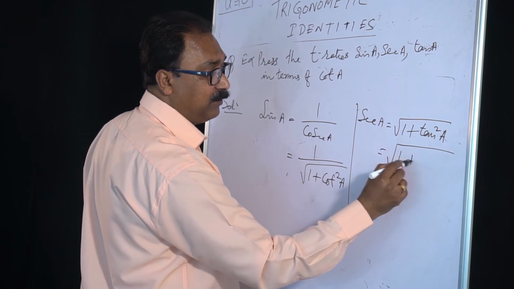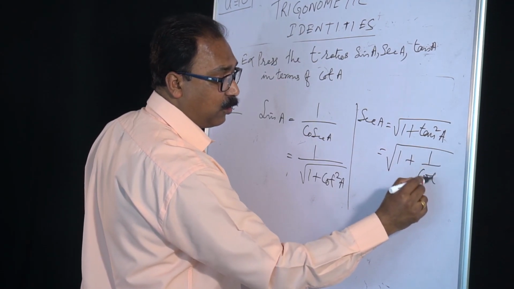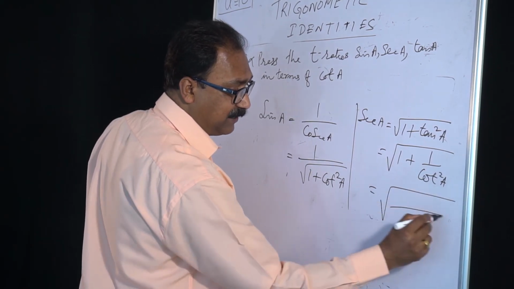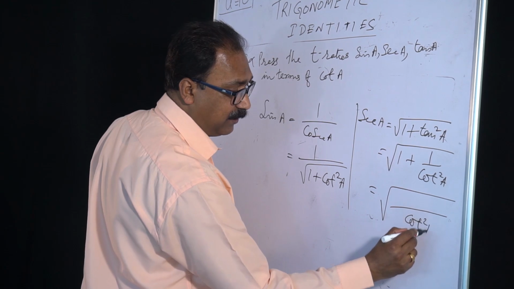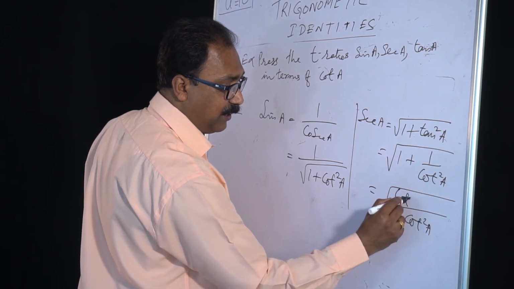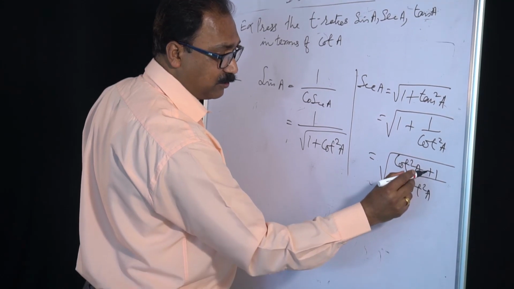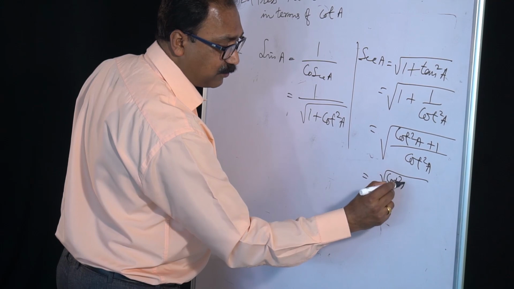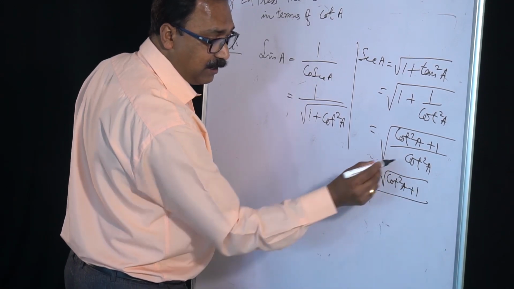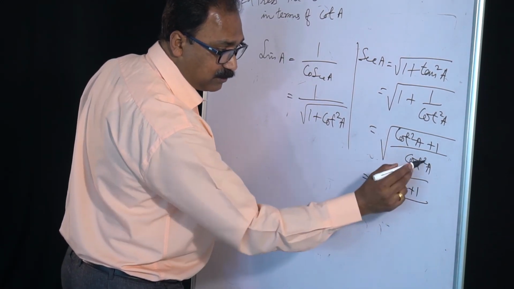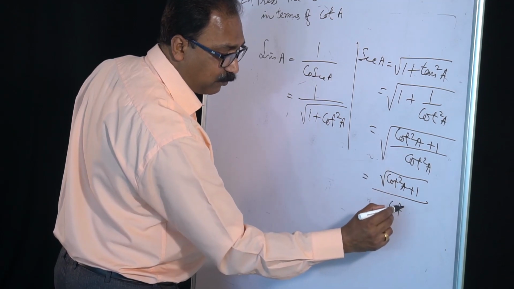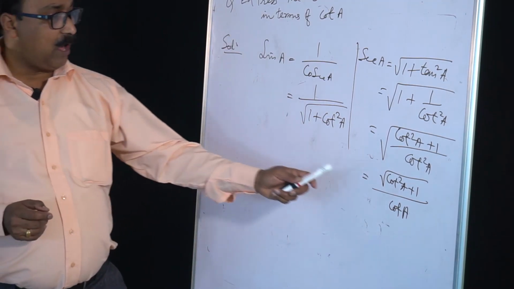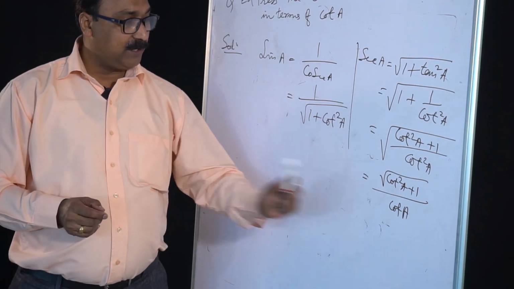What is the formula? 1 by cot A, and because of the square, it's squared. Now we can take the LCM, cot square A, so it's cot square A plus 1. Because of the plus, the square root cannot be broken. So we can write here as it is, cot square A plus 1, or 1 plus cot square. But the square root with the square, we can write only cot A, because square root of 2 is 1. Okay, so this is how I change sec into cot.